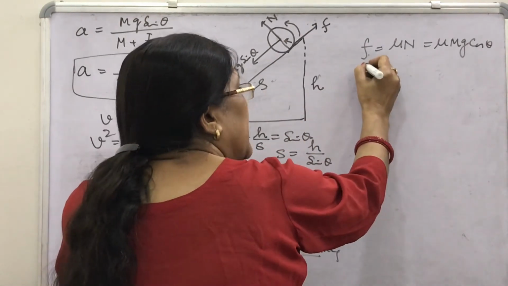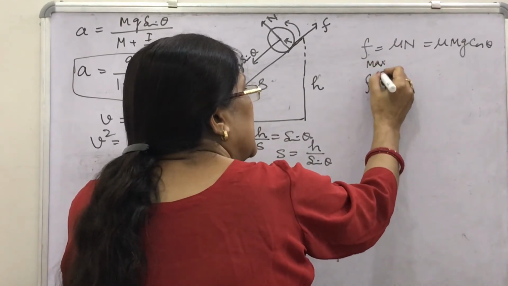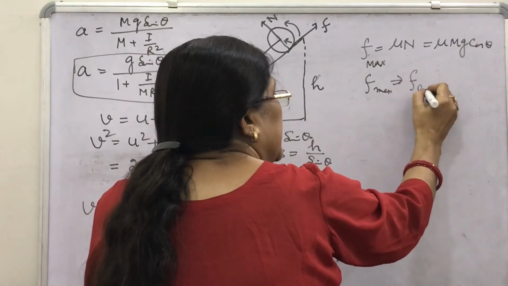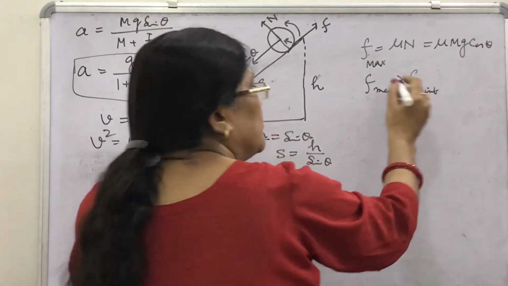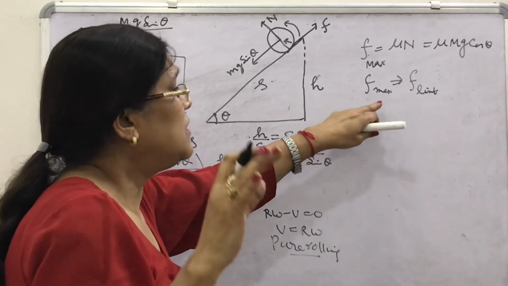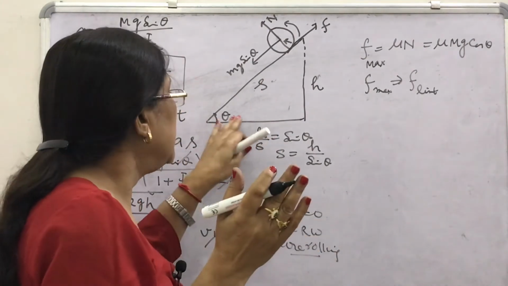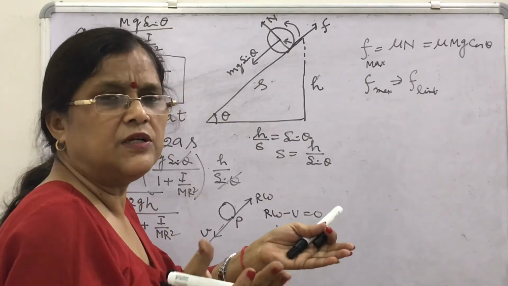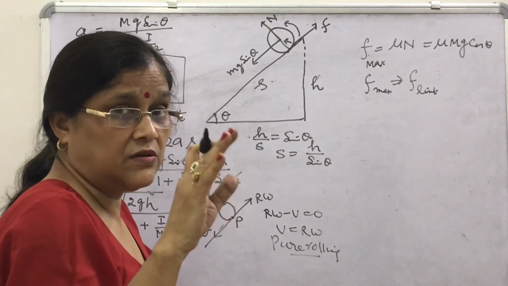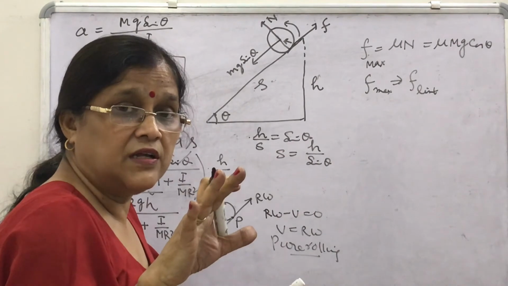This is the maximum value of the friction, or F maximum, the limiting friction. So it is not applicable here. Here, whatever is the inclination, as per the inclination, whatever may be the requirement of static friction. Static friction is self-adjusting.